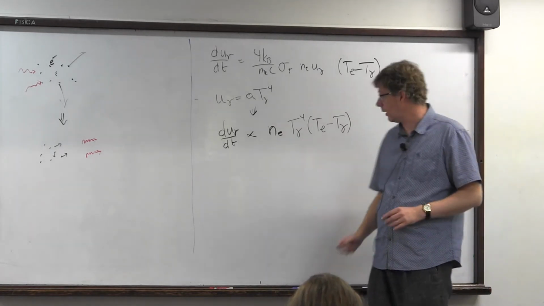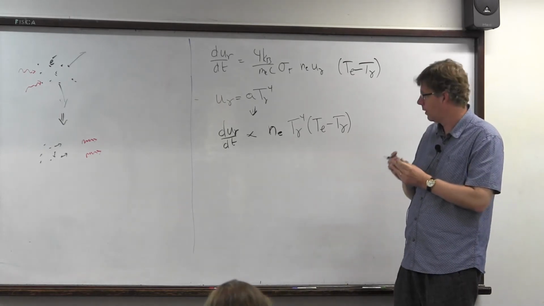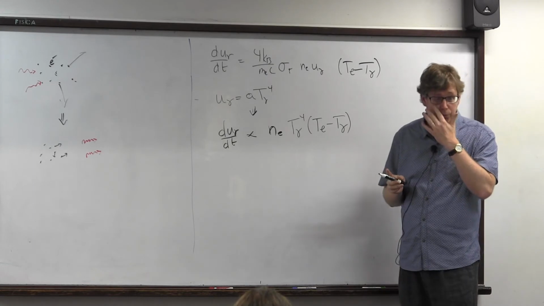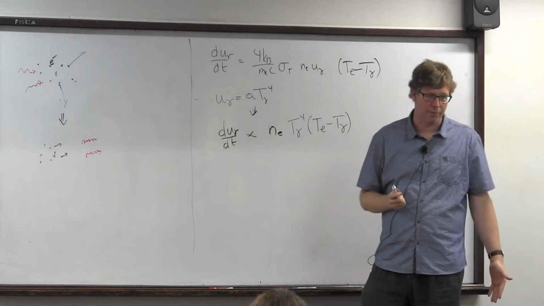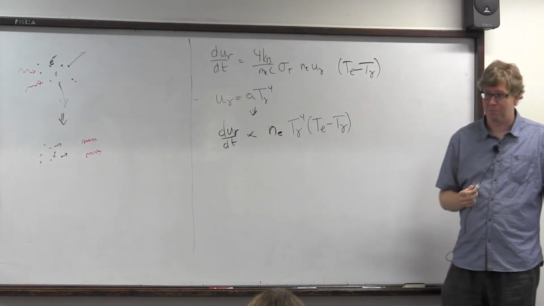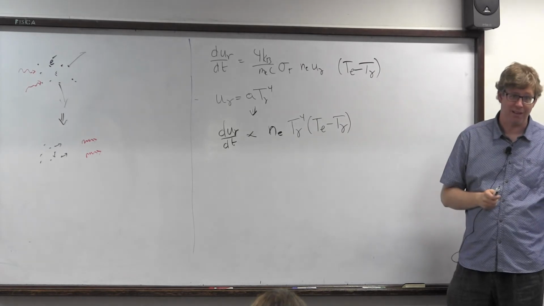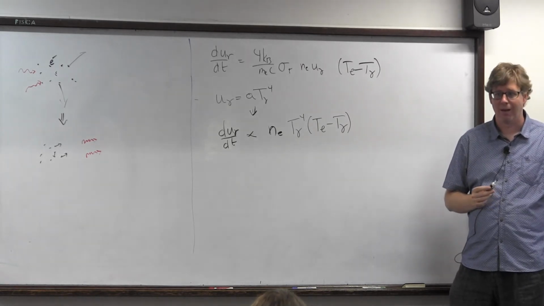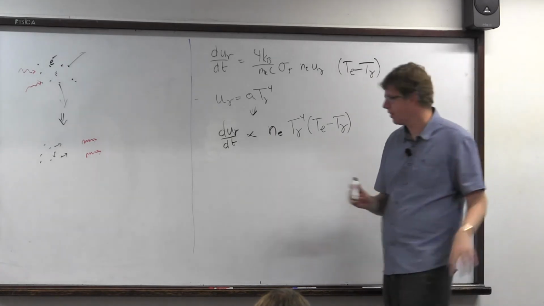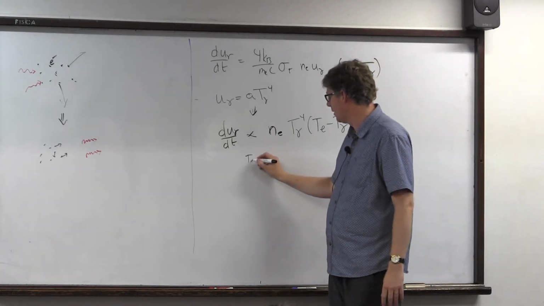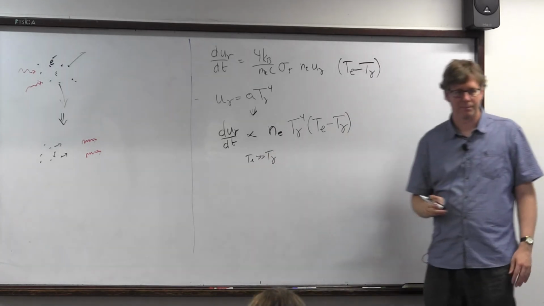The other important thing here is that you can now assume that the electrons are really hot. That's kind of useful because the cosmic microwave background today is a bit less than 3 Kelvin. At redshift 9, it's 30 Kelvin. And I'm interested in things that are 10 to the 4 Kelvin. So with a good approximation, T_e for our needs here is going to be much larger than T_gamma.